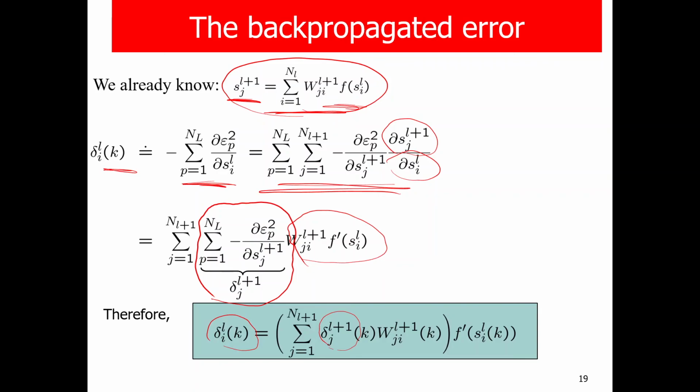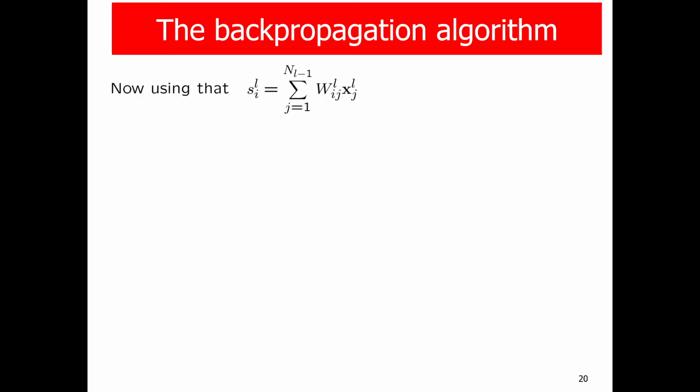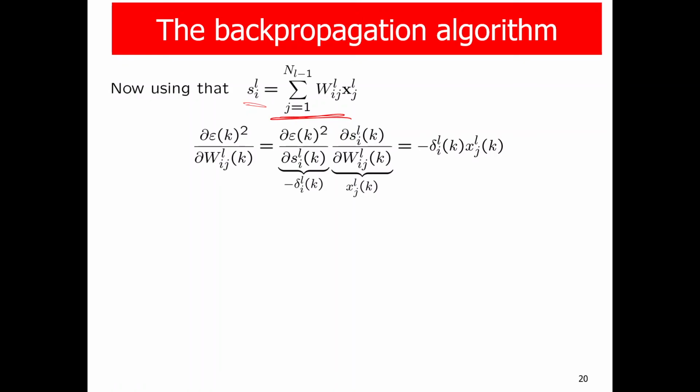We will use this recursion to calculate the derivative of the errors with respect to the weights of the neural network. We know that by definition, S L is just the summed inputs of layer L. With one more application of the chain rule, we can finally calculate the derivative of the squared errors with respect to the weights of the neural network.